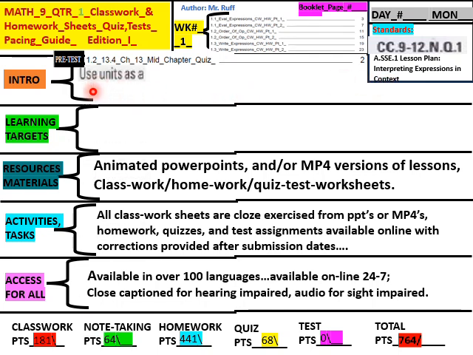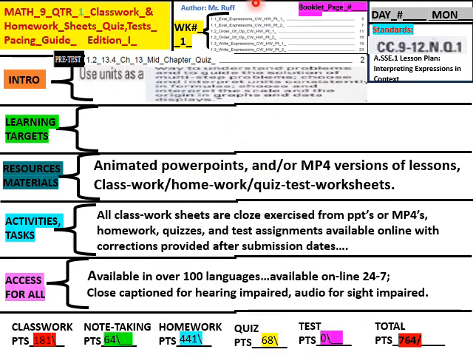So our intro to this lesson is Common Core 9 through 12, N.Q.1.